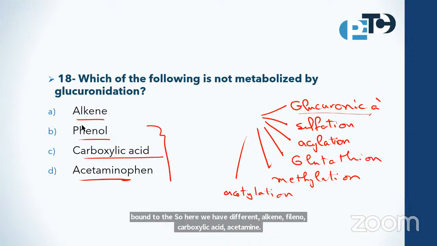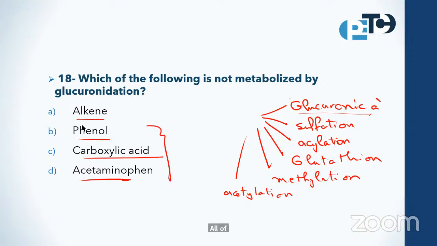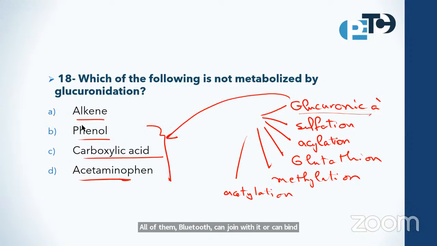Glucuronic acid can bind with all of them, except alkene. Alkene will not join to glucuronic acid. So any drug like those will have this type of metabolism, while the compound containing only alkene has no metabolism by this reaction.